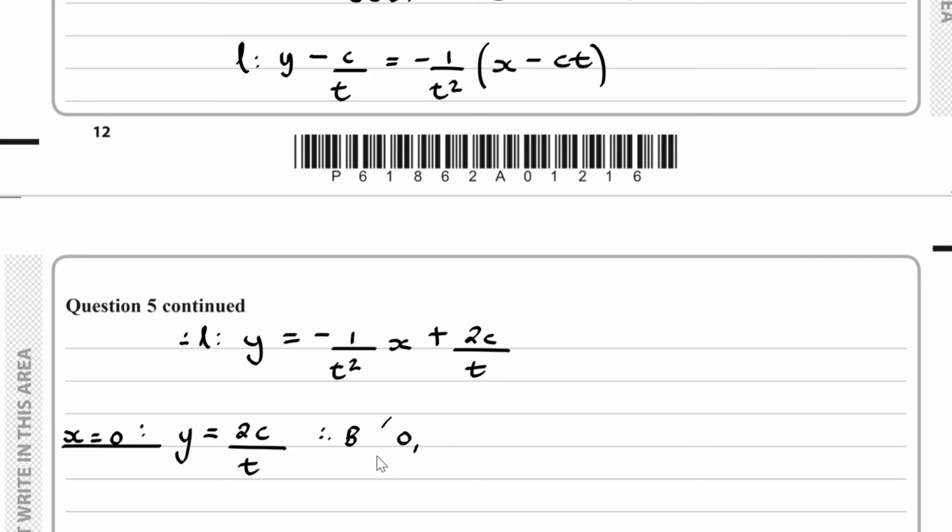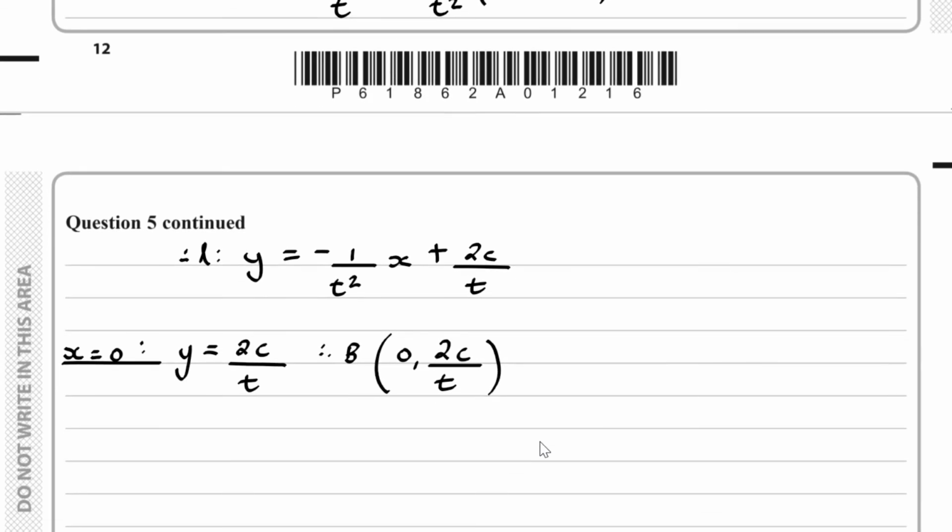Okay, so when y is equal to 0, if we work this out, we have 0 equals minus 1 over t squared, lots of x, plus 2c over t.